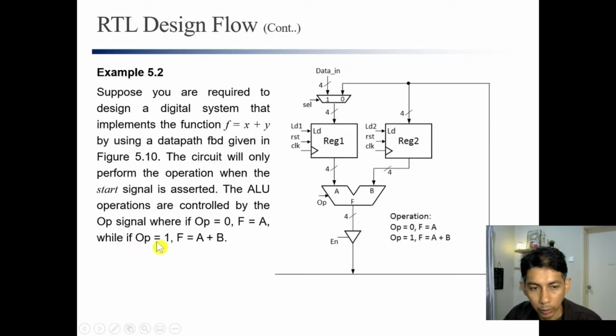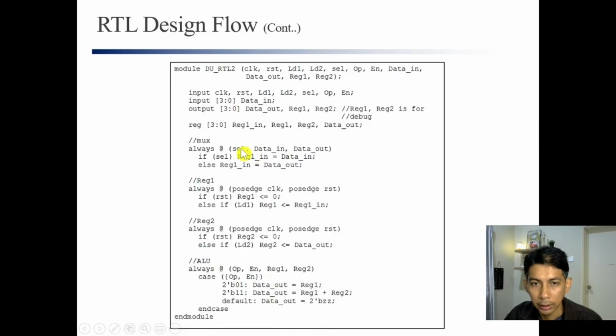While if OP equal to 1, the output F is equal to A plus B. So we want to do this to implement the function of x plus y, meaning that we want to add a number, any number. X is a variable.